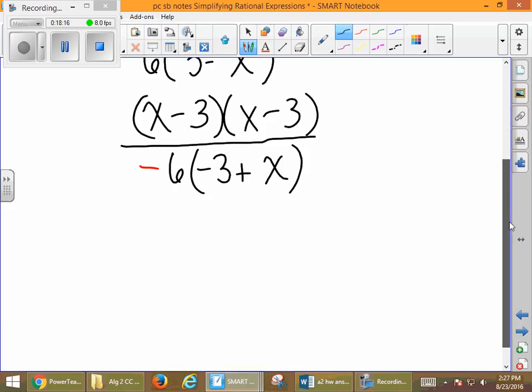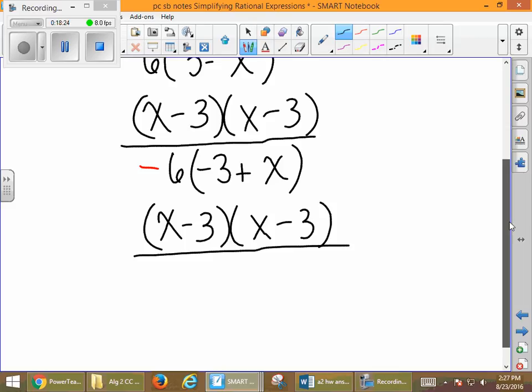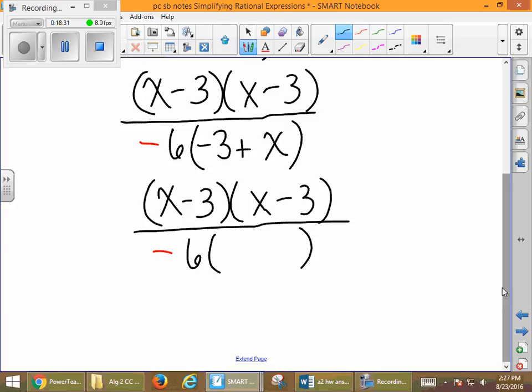I am going to write it in a better format just so you can see it. With our -6, and let's change that order there so that we have x minus 3. And to finish, do we have anything exactly the same on the top and on the bottom? X minus 3.